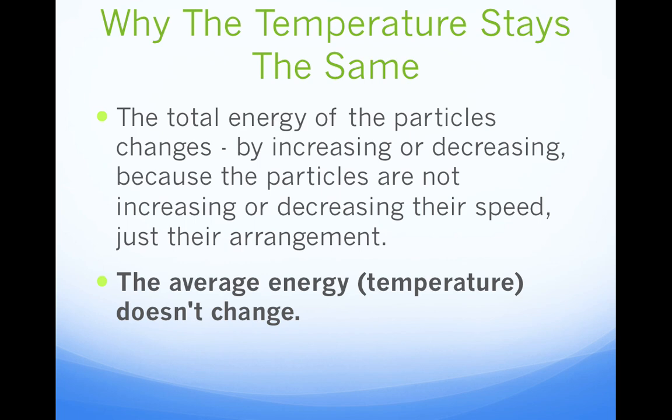And so the average energy or the temperature doesn't change. So the particles themselves aren't changing, they're just rearranging themselves in a more or less orderly fashion, and the temperature is remaining the same.